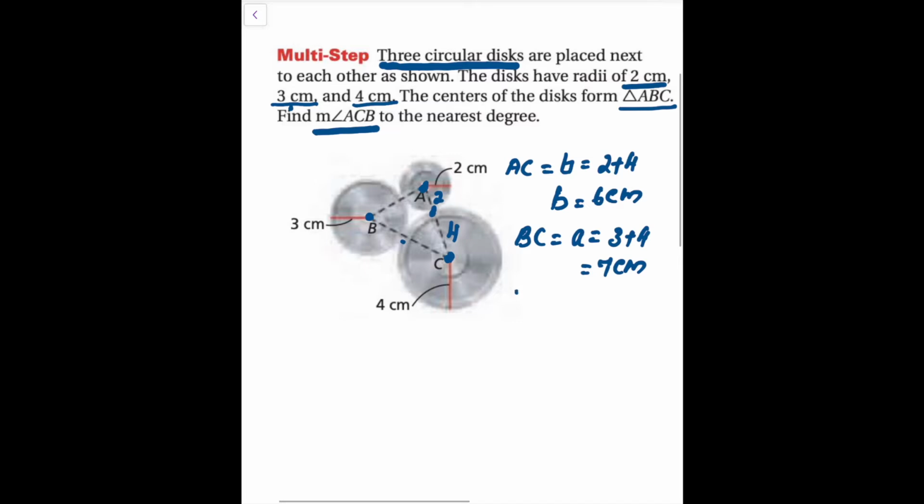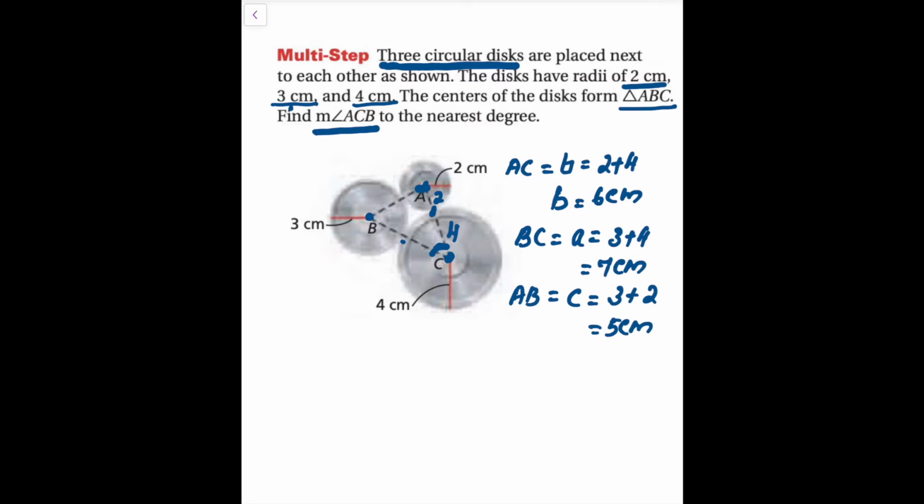And the third side, which is AB, which is opposite to angle C, so lowercase c is equal to 3 plus 2, which is 5 centimeter. So we know all the three sides of the triangle, and they want you to figure out one of the angles, which is ACB. So angle C, which is opposite to the side c.